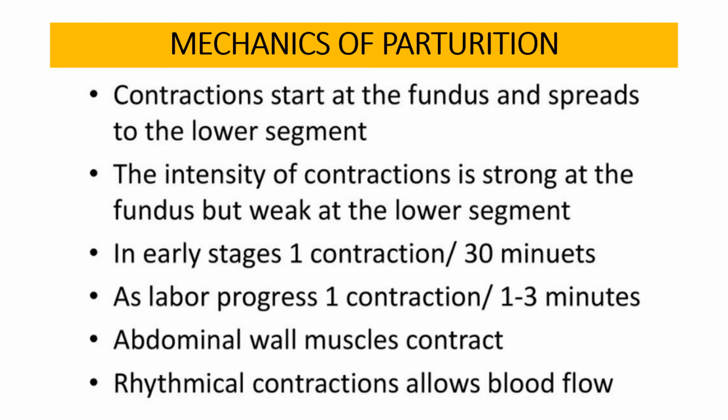The intensity of contraction is strong at the fundus but weak at the lower segment. In early stages, there is usually one contraction per 30 minutes, but as the labor advances, there will be one contraction per 1 to 3 minutes. Along with the contraction of the uterus, abdominal muscles also contract and it will help in the push down effect of the fetus.